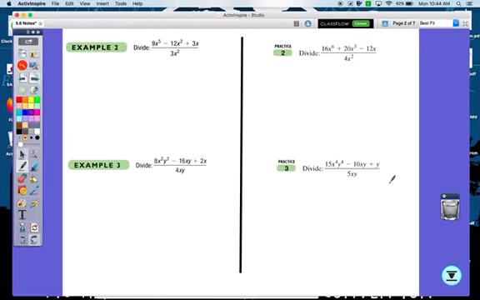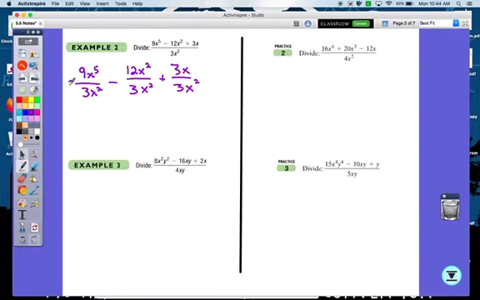All right, example 2, just more of the same. So I've got 9x to the fifth, the first term, divided by 3x squared, minus, because there's a minus up there, 12x squared over 3x squared, plus 3x over 3x squared.